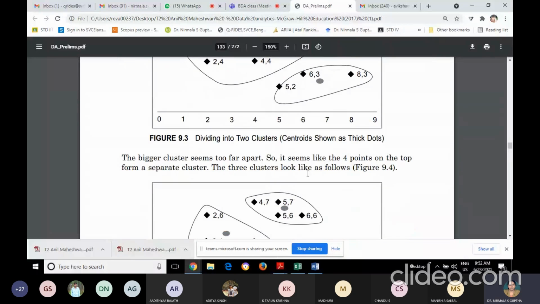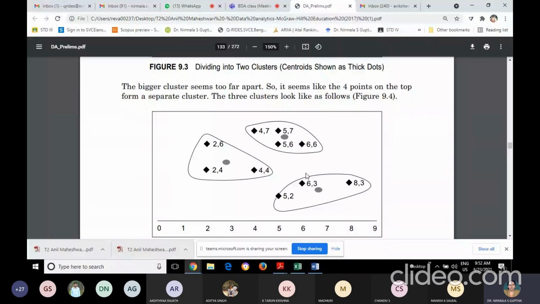Then we split the bigger cluster into 2 separate clusters, and again found the approximate center. So 2,4, 2,6, 4,4 comes approximately to 2.8 or 2.9, and the other is almost 5.8. So dividing into 3 clusters, we also understood.